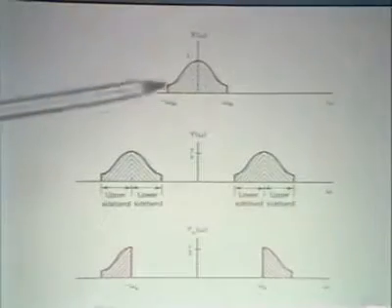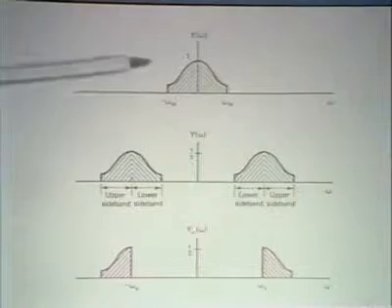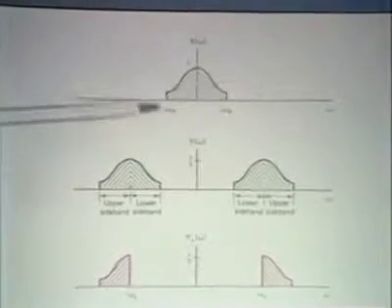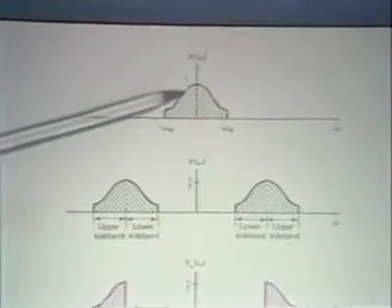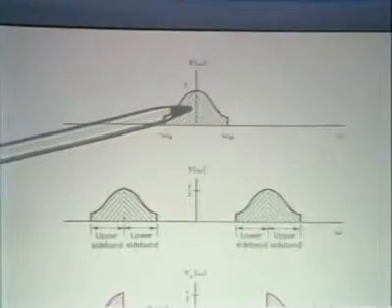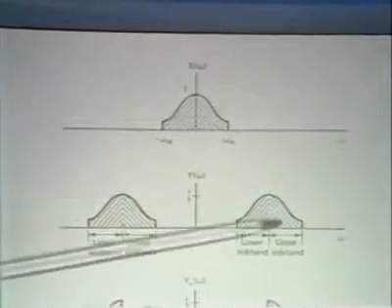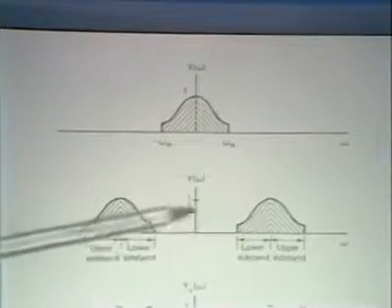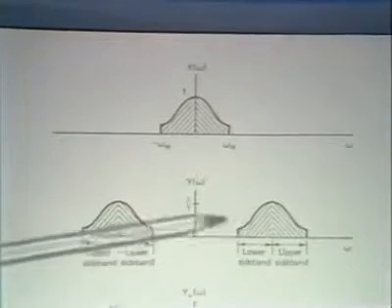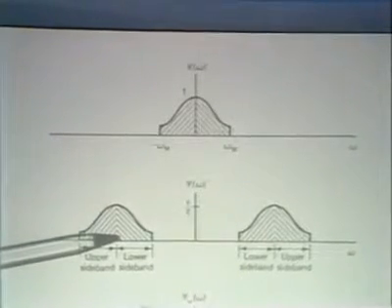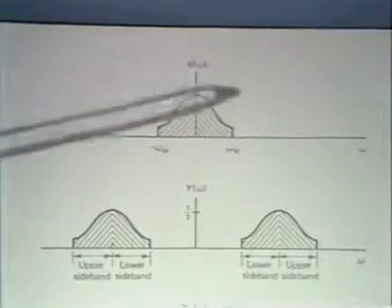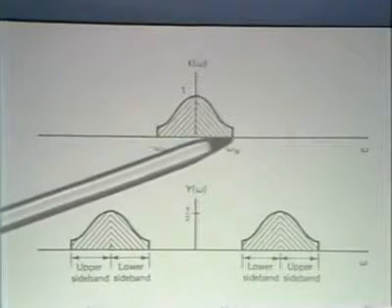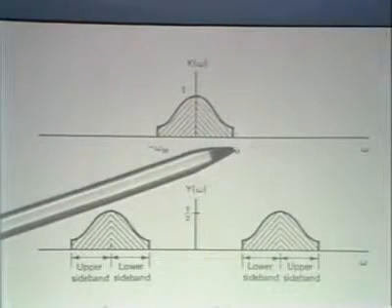Let's look again at the spectrum of x of t, which I've indicated here. In a sinusoidal amplitude modulation system, we would shift this to be centered around plus and minus the carrier frequency. Now notice that in the original system, we occupy a frequency spectrum that's 2 times omega sub m.